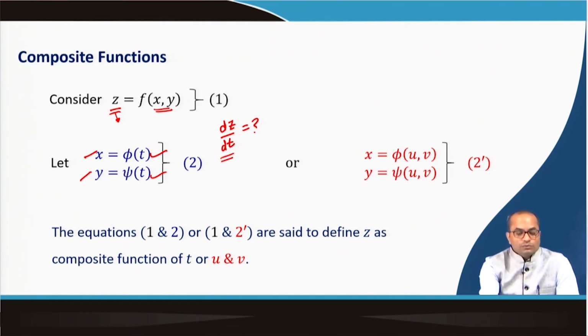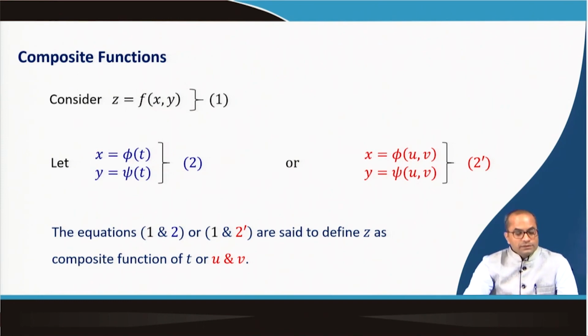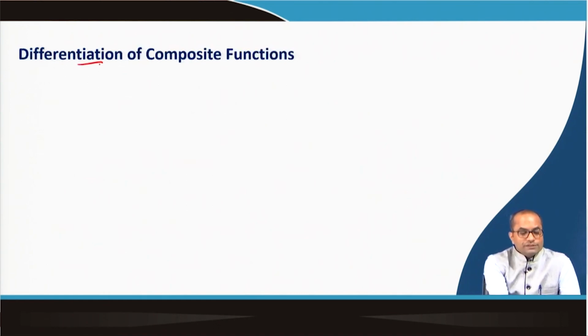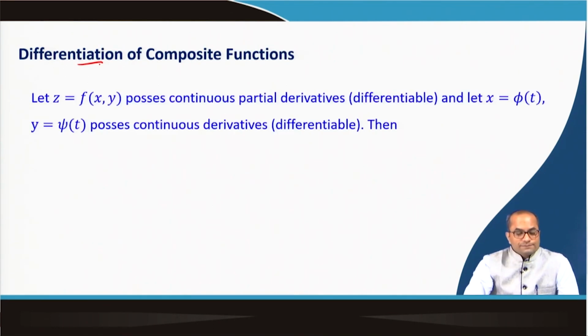And now, how to find out this dz over dt in terms of partial derivatives of this f, because f is a function of x and y. So, that is the main interest of this lecture, and definitely we will be using the idea we have just gained in the previous lecture on differentiability. So, how to differentiate such composite functions?